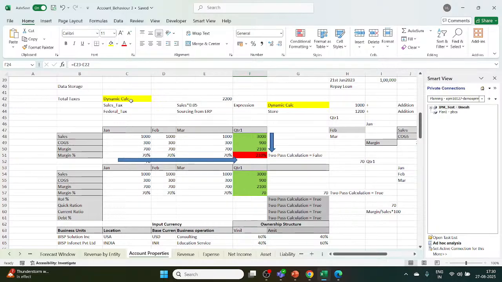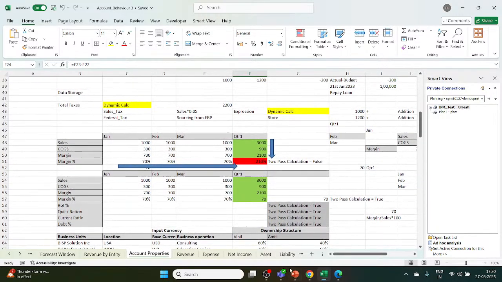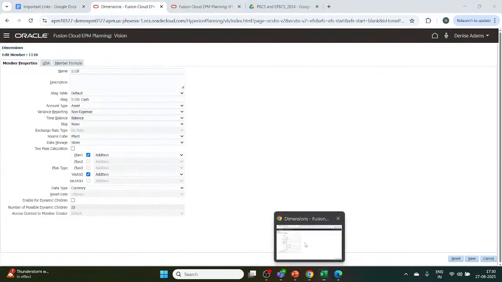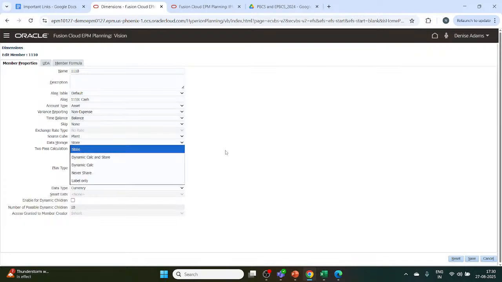Our first data storage property is store. The store is generally used for entering the data, for loading the data.